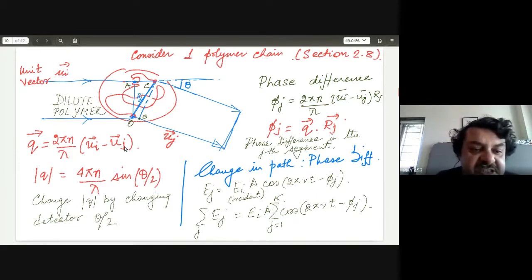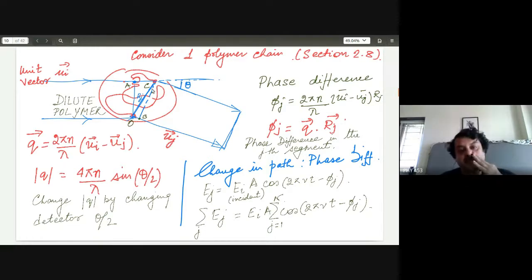So if you change q, you are essentially changing uj, because if you are taking monochromatic light, lambda is the same. You change uj, different angles of scattering, you are changing q.